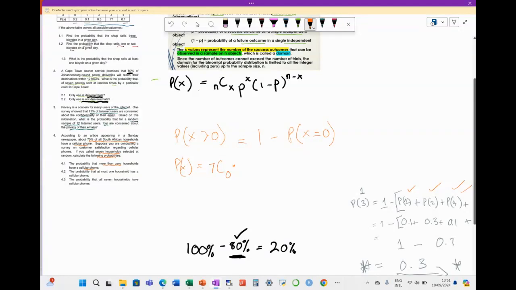What's the success outcome? Yes, 0.70, because we actually want them to have cell phones. And X is still 0. Then times 1 minus 0.70. And then here n we said is 7 minus X, or 0. Thank you. I think my brain froze there for a second.